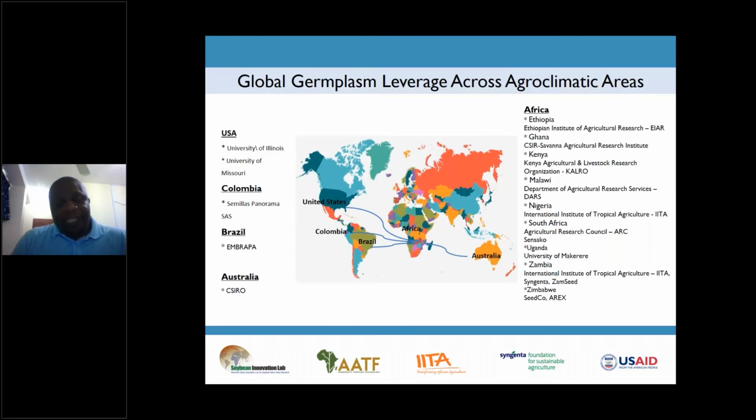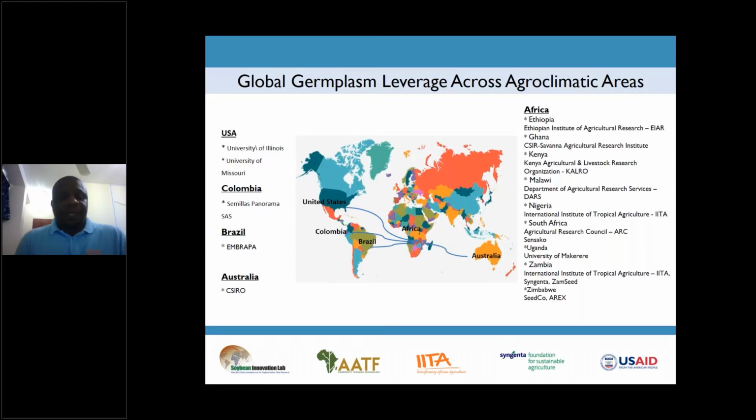In terms of our germplasm, we do what we call global germplasm leverage. We take germplasm across agroclimatic conditions. We have germplasm coming from the US, which are the early maturing varieties. Germplasm coming from Colombia and from Brazil are the late maturing varieties.